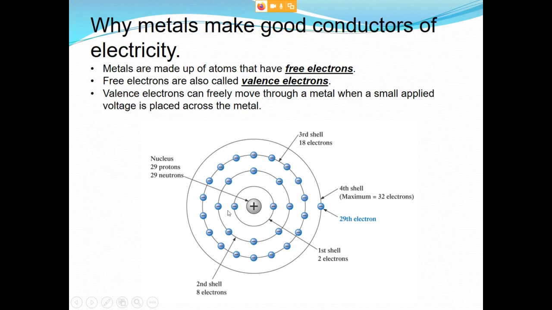Hydrogen, if it had a neutral charge, meaning a proton in the center and 1 electron, would have a neutral charge, but its valence band would be unhappy, and that's why hydrogen is very reactive.